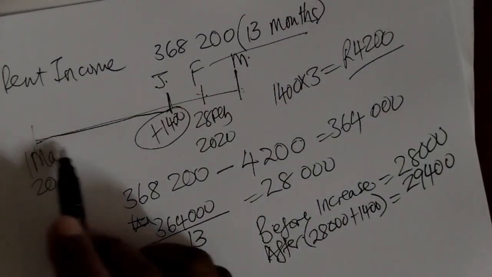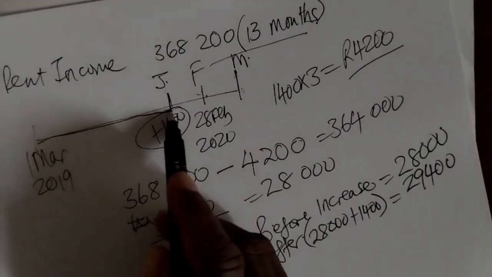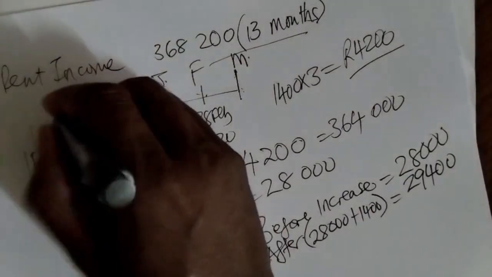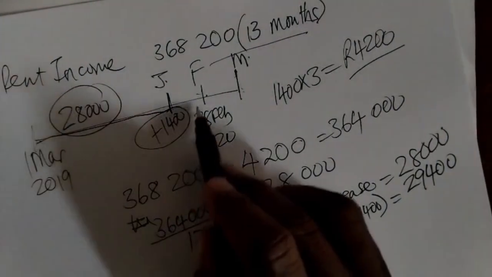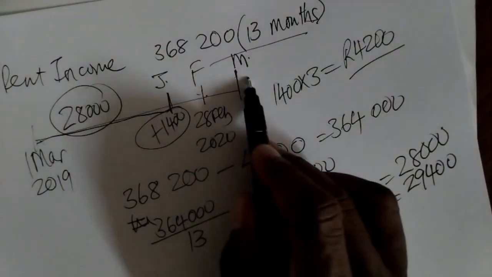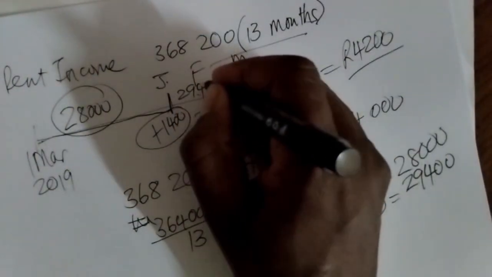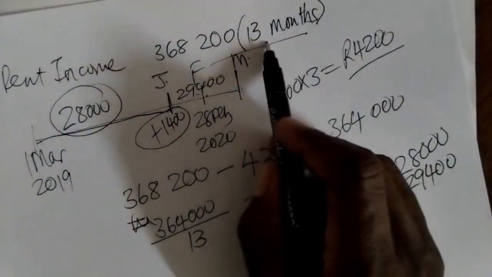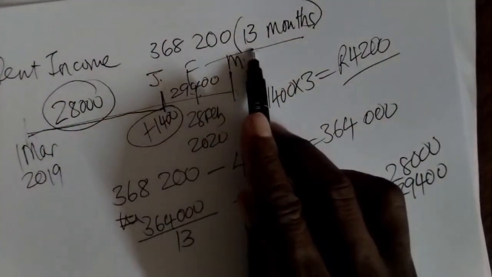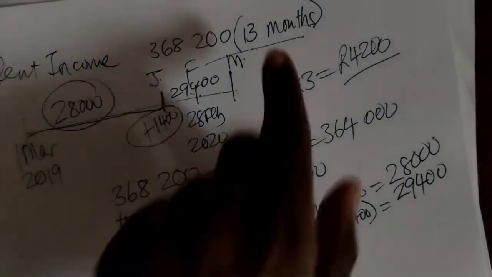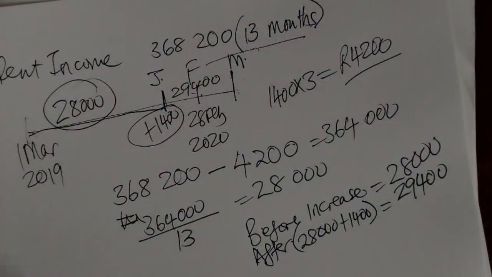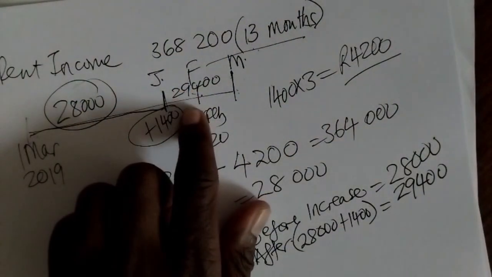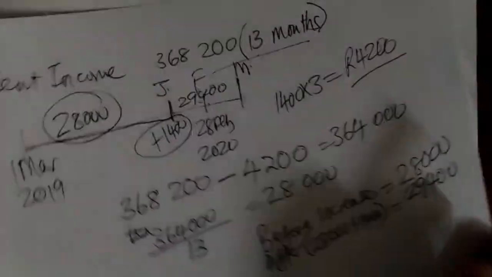So we are saying here that from March to December, the rent was 28,000 per month. But from January to March, the rent was now 29,400. And remember, the issue is we want to remove 1 month, which is the month of March. So automatically it means the rent that we need to remove is 29,400.